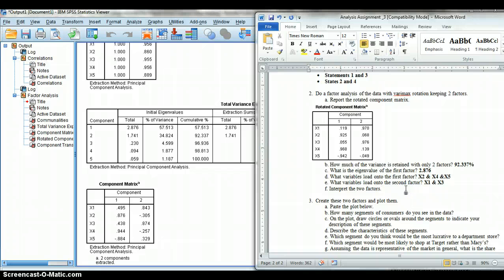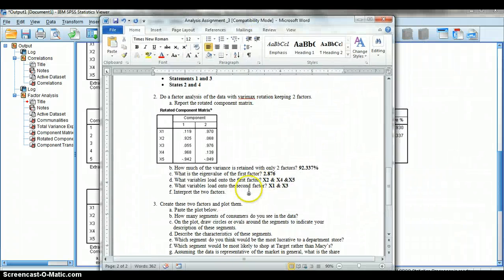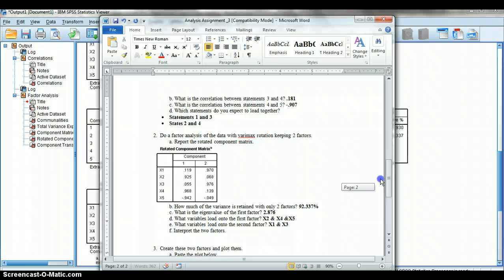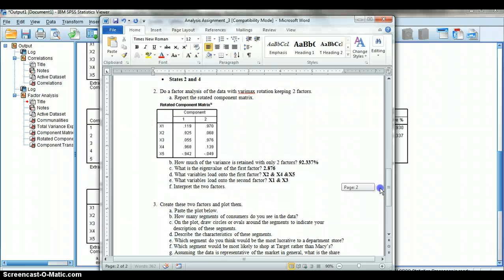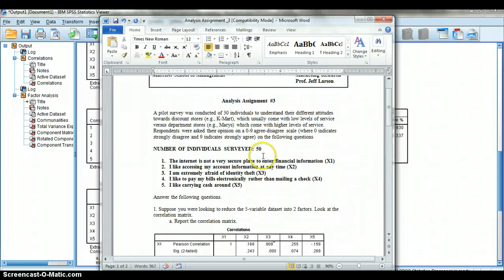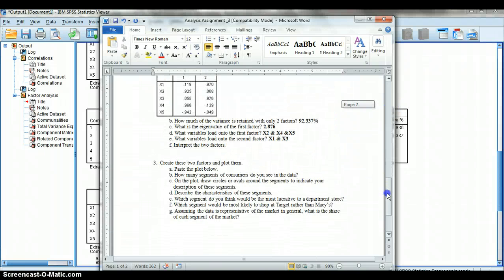Interpret the two factors. All right. So this one, we have to go back up to what they mean. x1 and x3, so factor number 2: the internet is not a very secure place to enter financial information. I am extremely afraid of identity theft. So factor 2, they are afraid of online transactions.